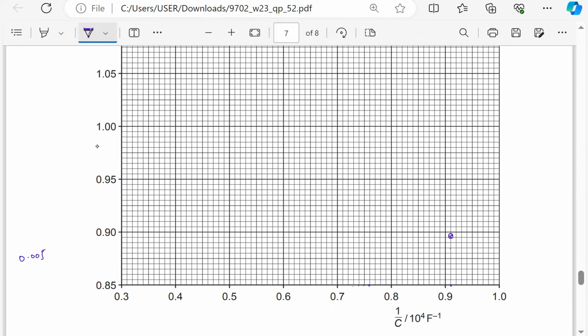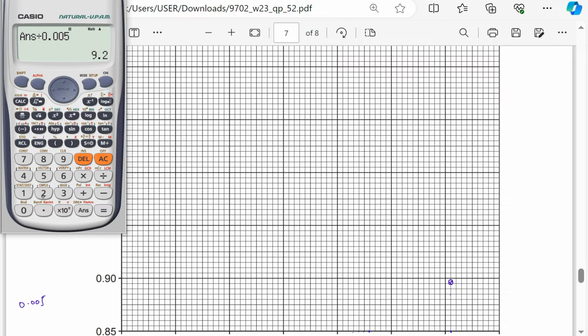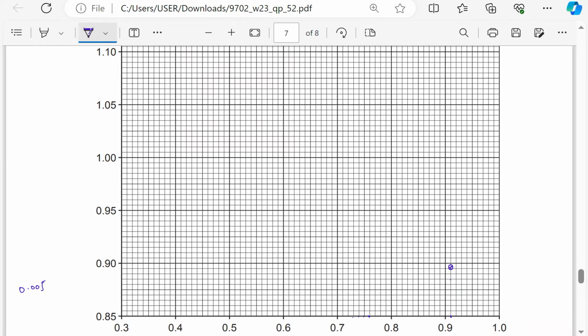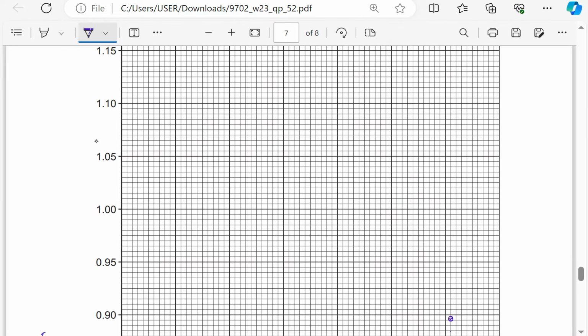To plot 1.012, I know it is after 1, so I'll say 1.012 minus 1 divided by the scale on the vertical, which is 0.005. Those are approximately 2.5 boxes from 1. So it's approximately in the center here.